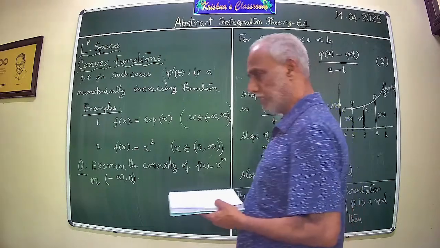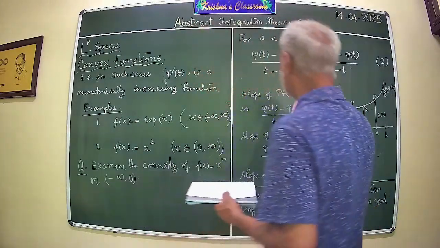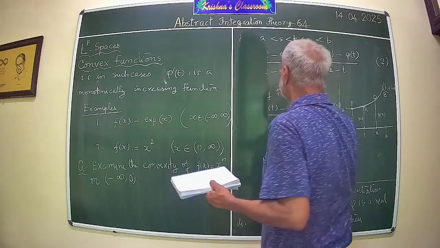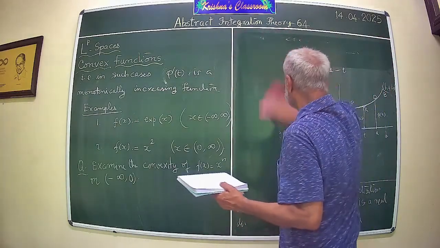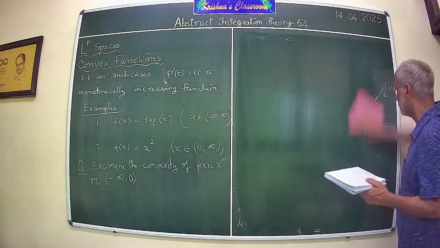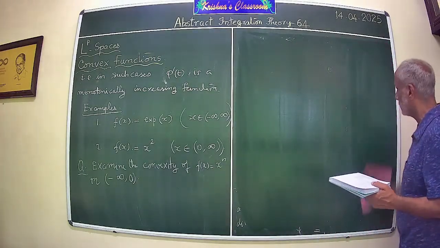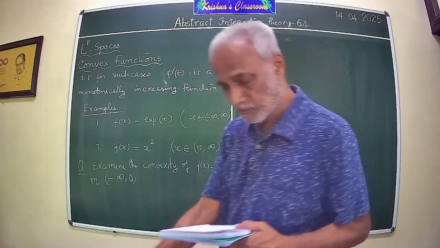Now, one of the results that you can immediately prove is that if phi is convex, it's continuous. We have the following theorem.